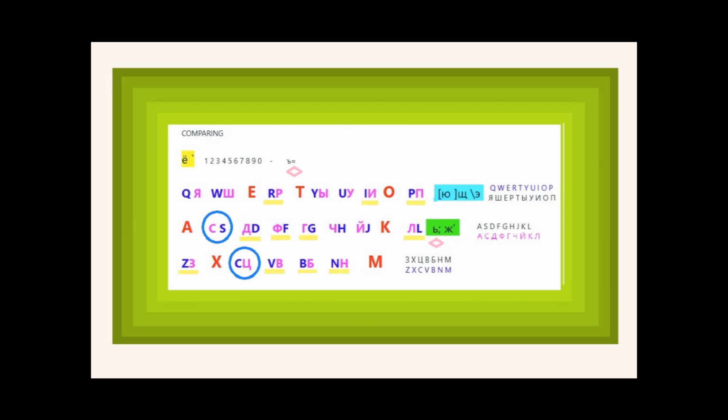The next one, yellow in the first row, which is the last letter of the upper row, is Latin P and Russian P, which is the same consonant sound, P, like in English peak or pot or park, anything like that.